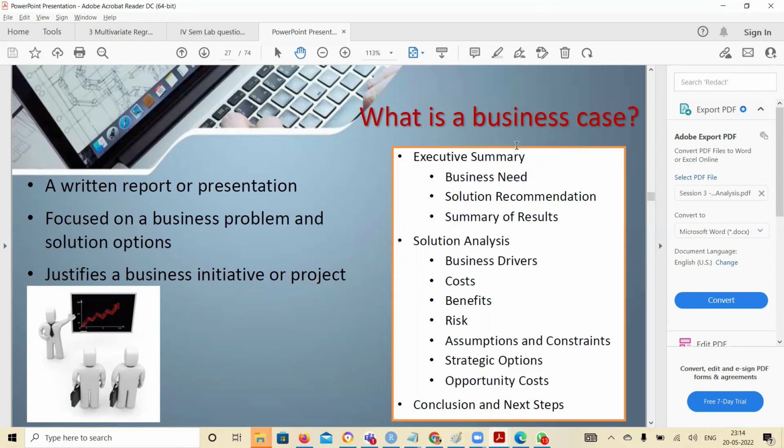Benefit is pure estimation: after 6 months I will get so much benefit, after 12 months I'm going to get full benefit, and I'll get X dollars every month. That is an example of benefit. Then risk, it might come. Every business has risk. You have to figure out the risk and then prepare accordingly.